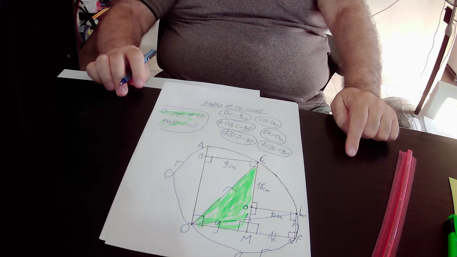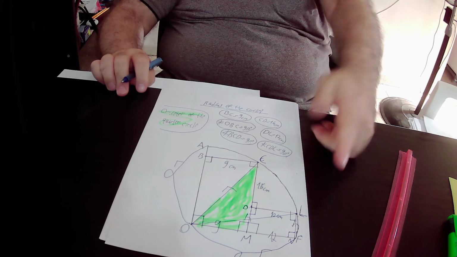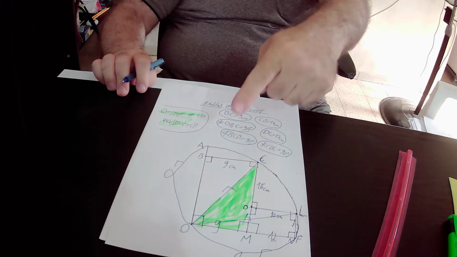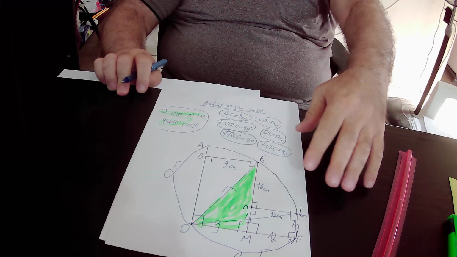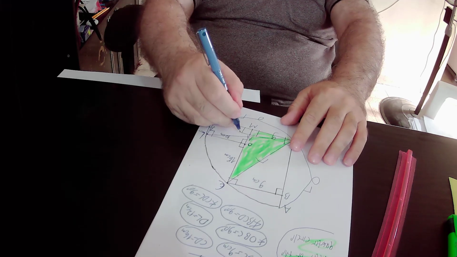Point O is the center of the quarter circle. Point N is a point on the quarter circle itself. This is exactly the definition of a radius. That is to say, ON is the radius of the quarter circle. That is equal to R according to our definition.